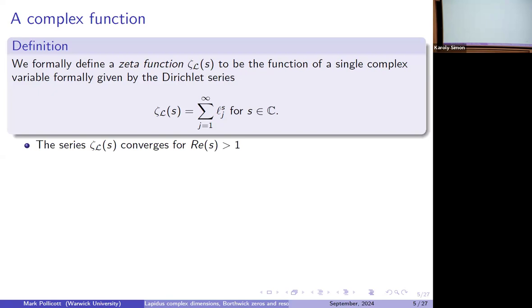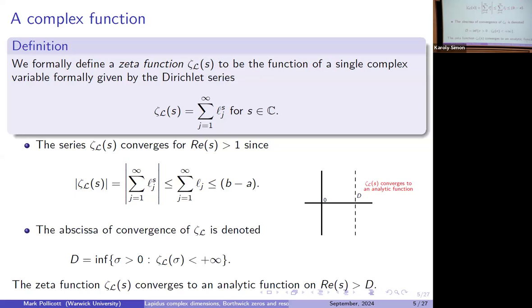But it converges somewhere, which is good for complex functions. Otherwise, it's very difficult to do any kind of complex analysis. And there's a very simple way to think of it. So it sums to something which is less than the total length of the interval. And in fact, you can extend it past that.